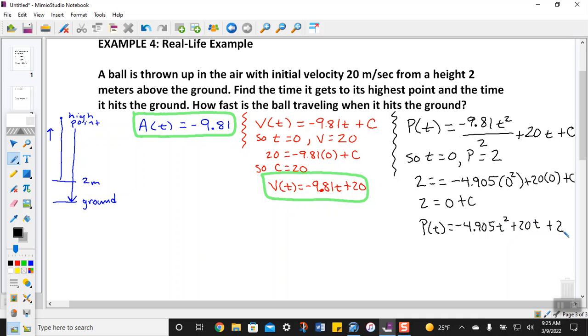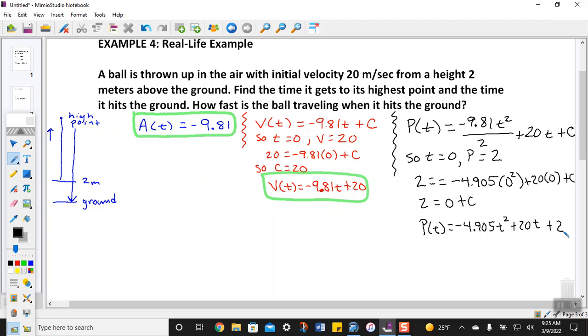You guys have a formula in physics that says P is equal to negative 1/2 g t squared plus v sub o times t plus h sub o? Yeah. Here's your negative 1/2 the gravity constant times t squared plus your initial velocity.